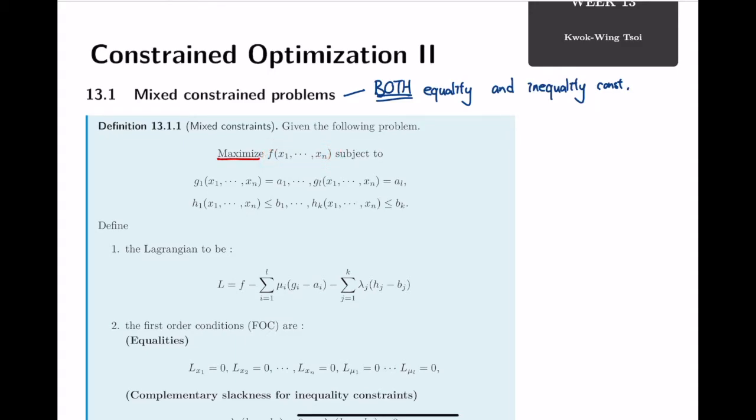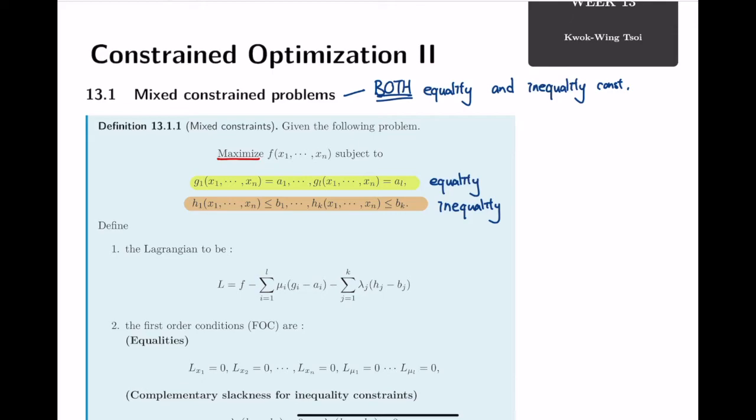The first kind is given by g_i equals a_i, so these are equality constraints. And also subject to another collection of inequality constraints. And then how do we deal with that in this case? Actually, there's nothing new. We just need to combine all the techniques that we learned last time.